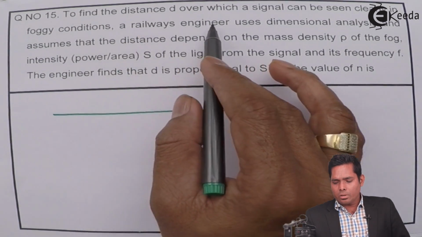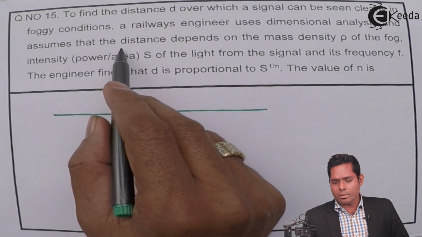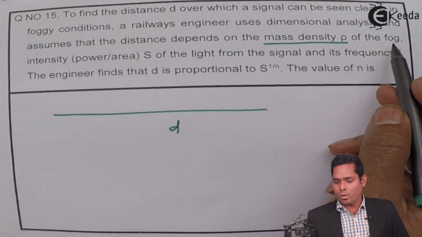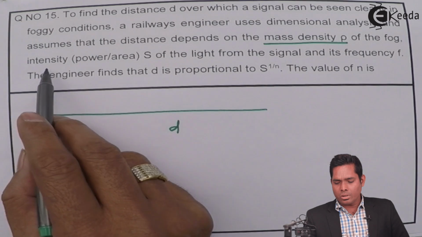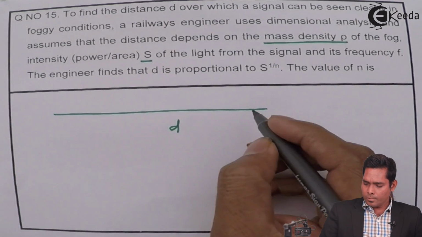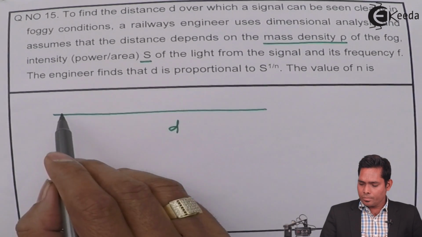A railway engineer uses dimensional analysis and assumes that the distance depends on the mass density rho of the fog, and the intensity S of light that is used from the signal.